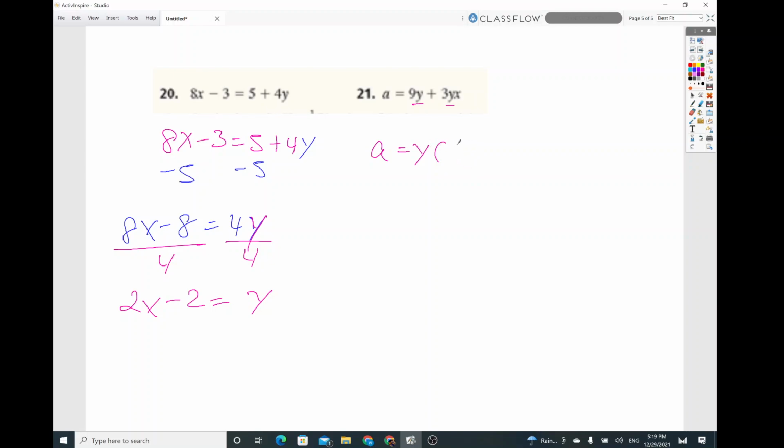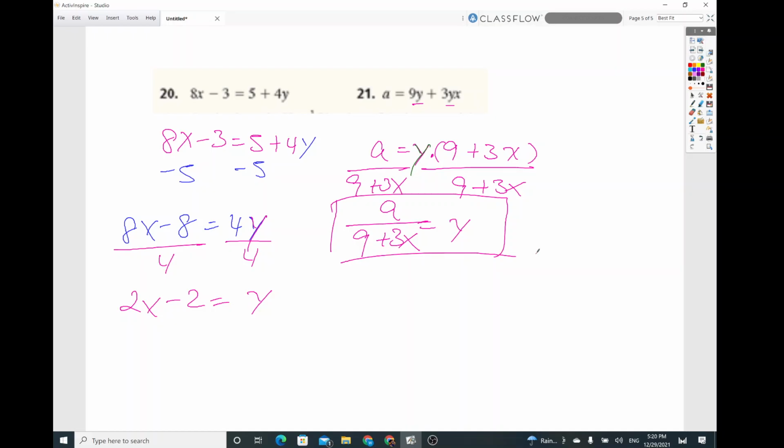So y times the quantity of 9 plus 3x. As you can see, that here is y times the quantity of 9 plus 3x. So in order to get rid of that 9 plus 3x, you divide it both sides. So y, we got 8 over 9 plus 3x.